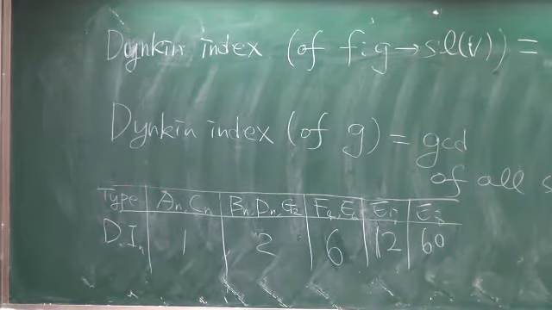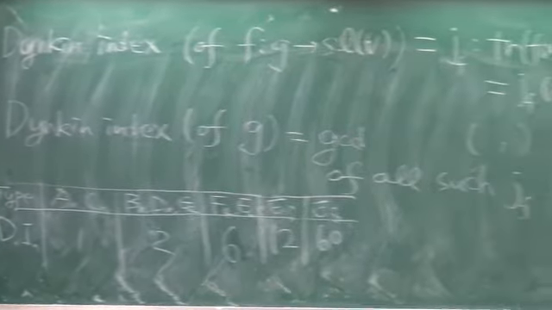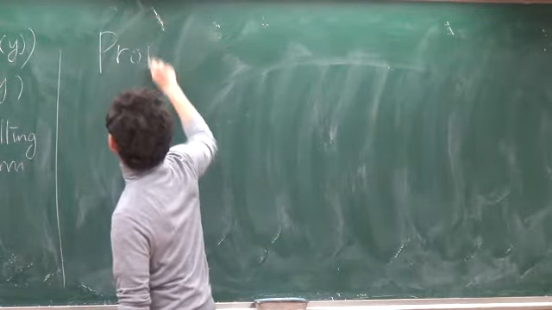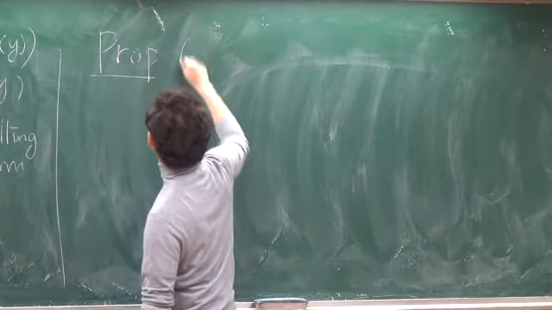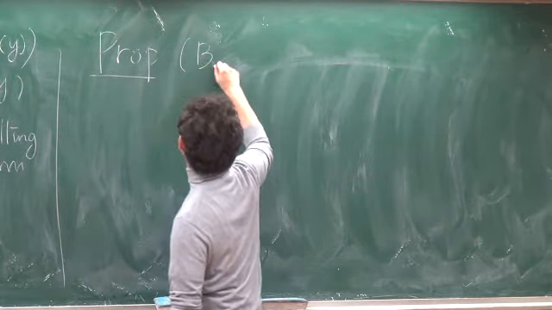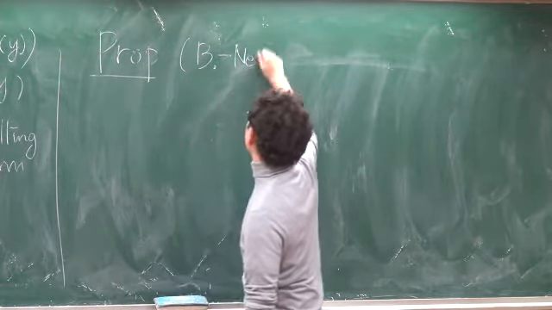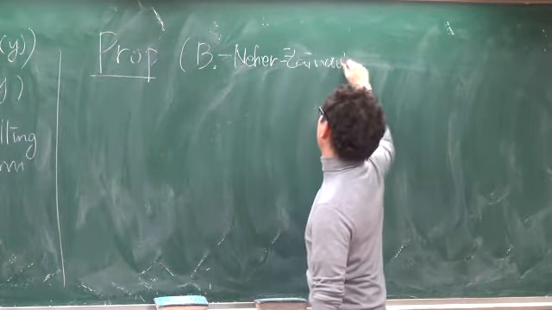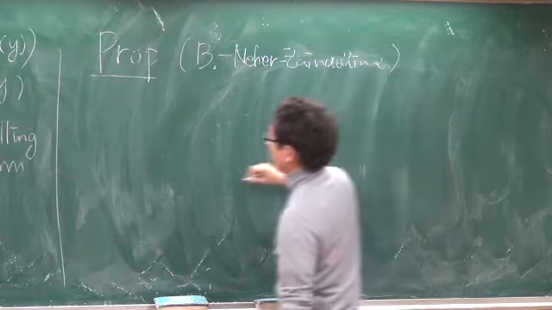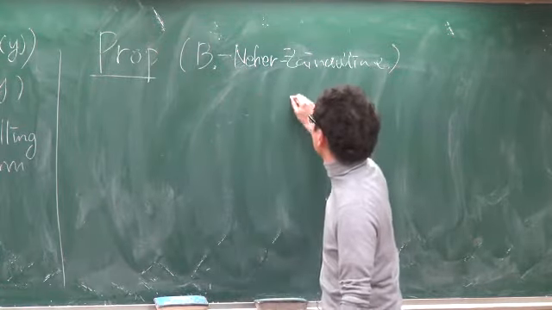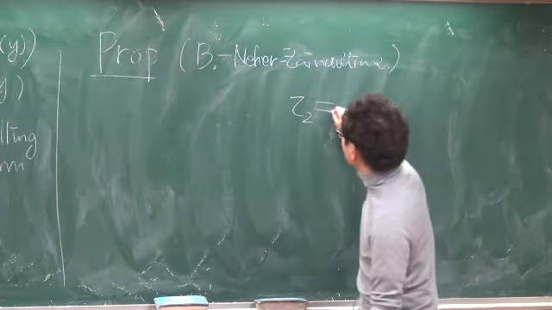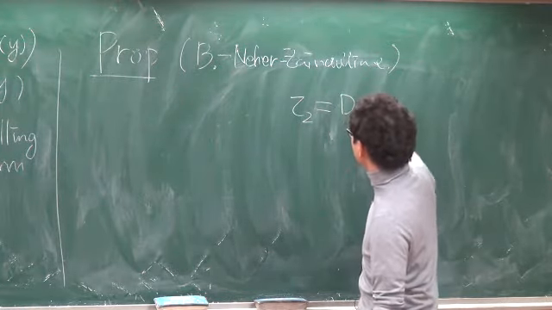Then one has the following proposition. It says that tau 2 is equal to the Dynkin index.